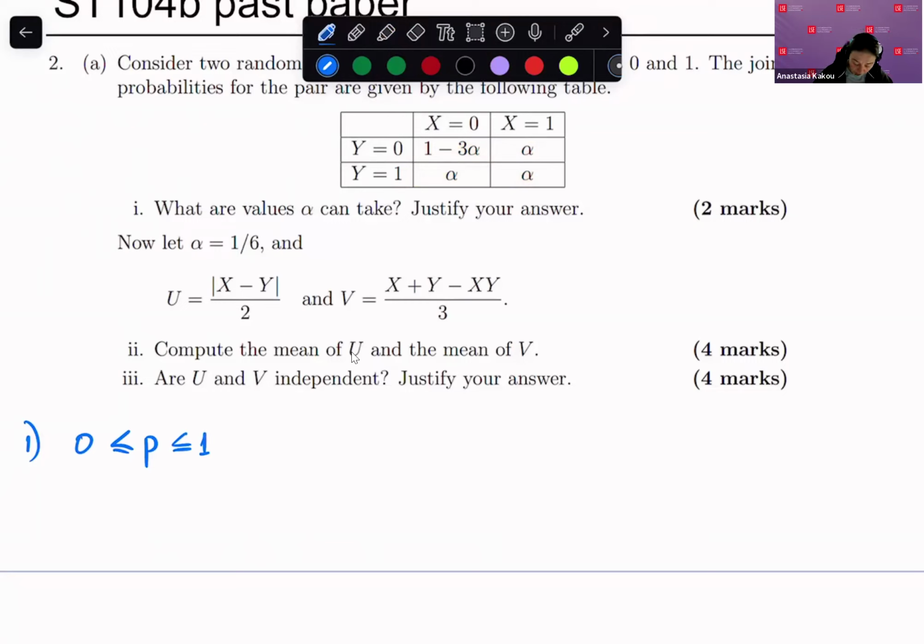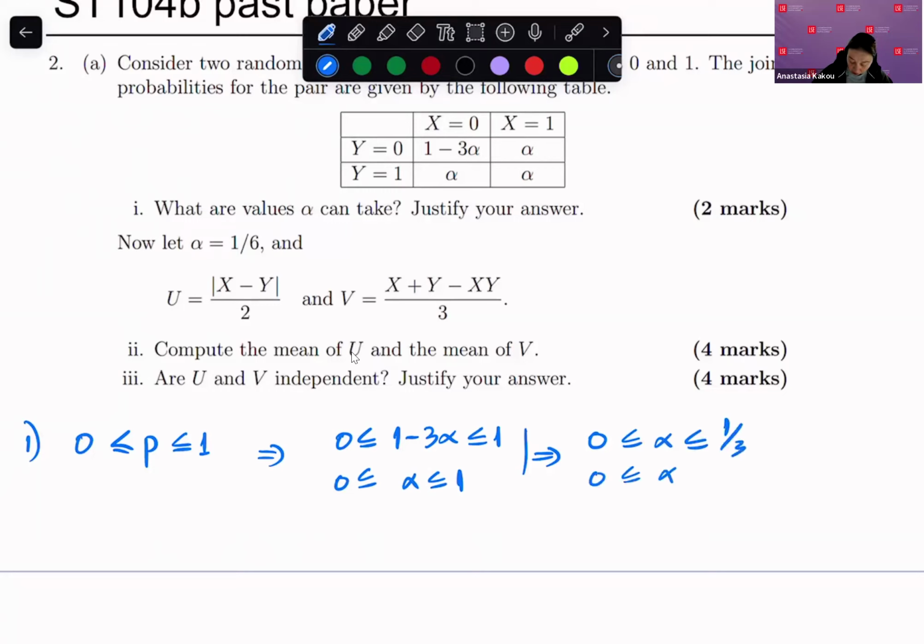That's the property. And in this case, that translates into having 1 minus 3 alpha between 0 and 1, and alpha between 0 and 1. Both of these need to be satisfied. So the first one, if you rearrange and solve for alpha, you have alpha between 0 and a third, and the second one stays the same.